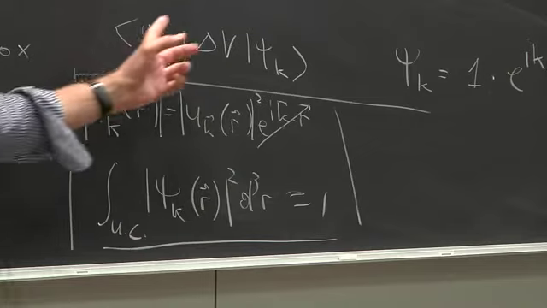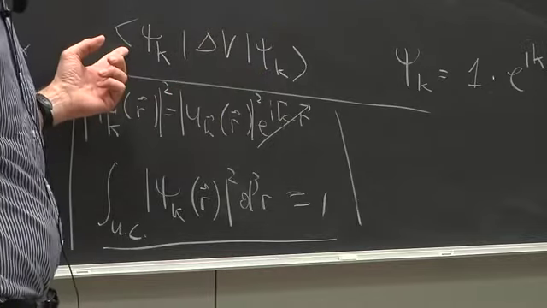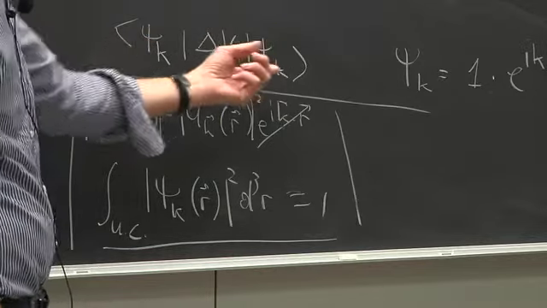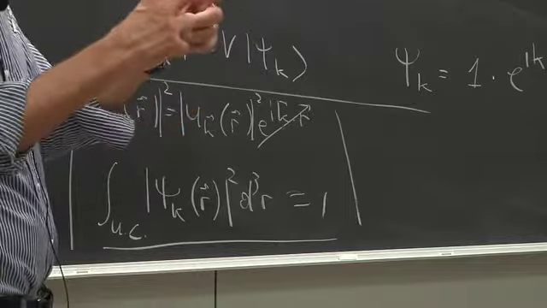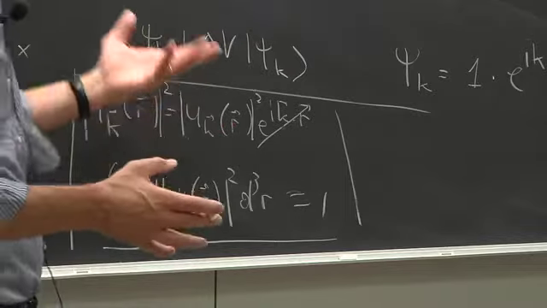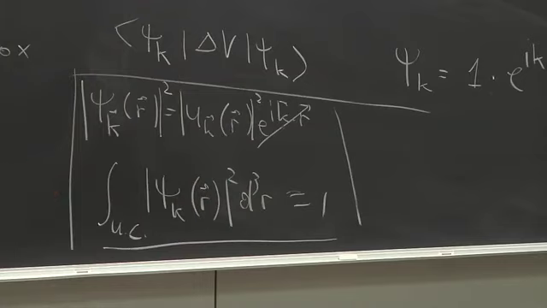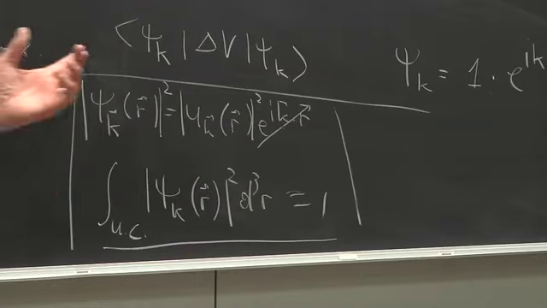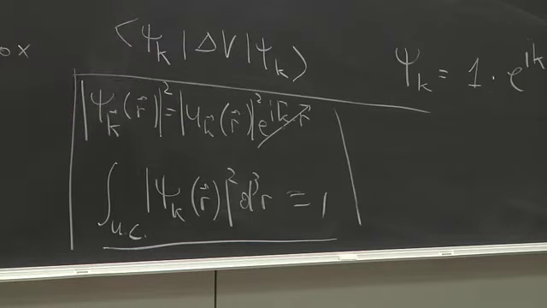Remember, when you take these expectation values, the understanding is always that you divide by psi k squared, right? So in some sense, the criterion you use to normalize your wave functions should not affect the calculation of expectation values.